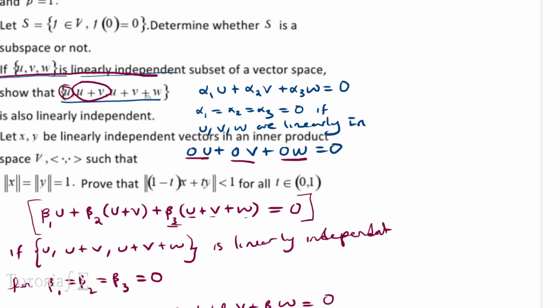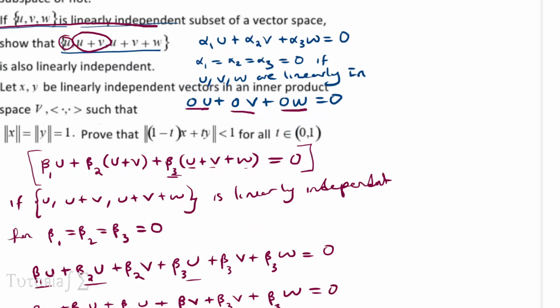Since it's the same u and v, we find the linear combination of this, which we did here: beta 1 u plus beta 2 u plus v, and so on and so forth. Then we conclude that if u, u plus v, u plus v plus w is linearly independent, then the coefficients should also be zeros. Now how are we going to find these zeros?